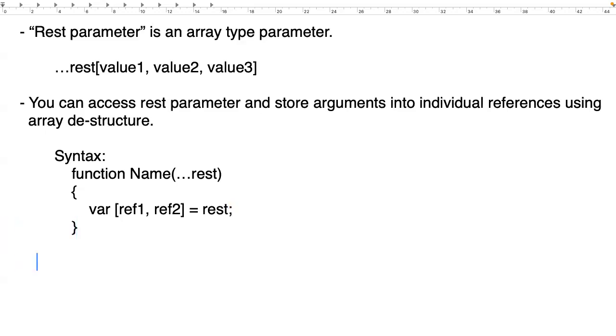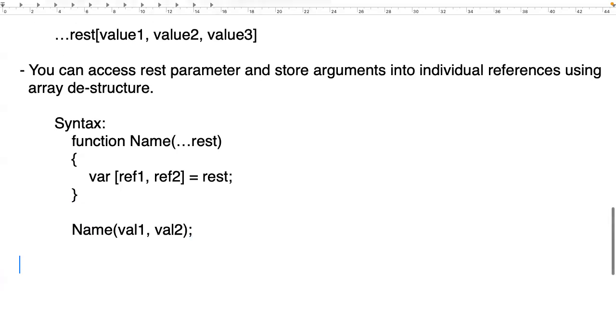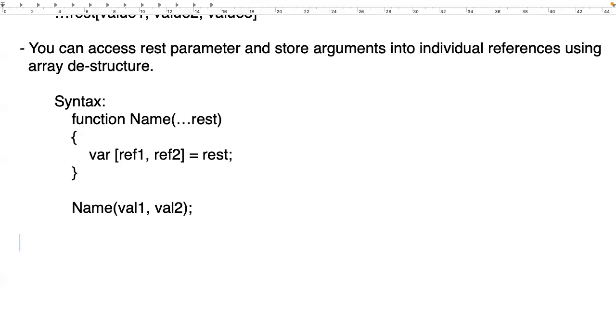This is destructuring. Into the name, we can have value1 and value2. We can pass multiple arguments. So you pass multiple arguments, we can separate them and we can use them.